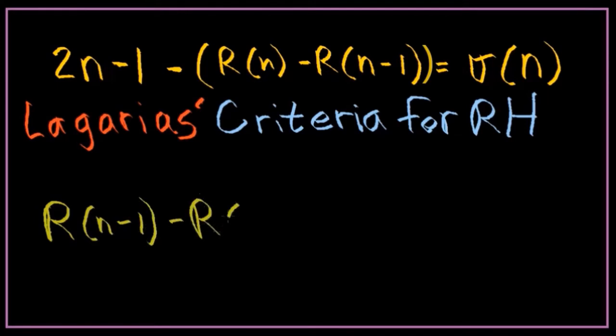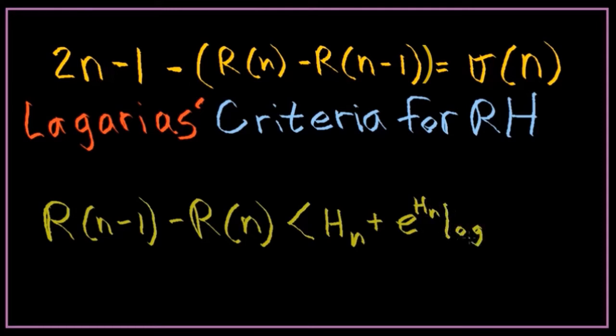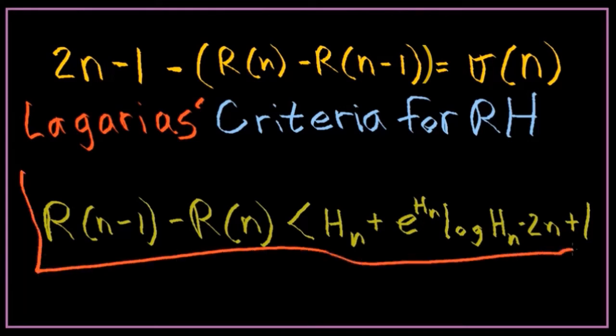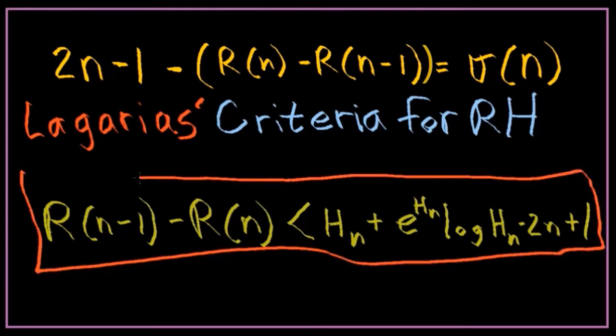Since it's just a restatement of the sigma function in terms of the residue sum function, we can also just substitute it into Lagarias's criteria for the Riemann hypothesis, and then get this r of n minus 1 minus r of n is less than the nth harmonic number plus e to the power of the harmonic number times the log of the nth harmonic number, and then all that minus 2n plus 1.